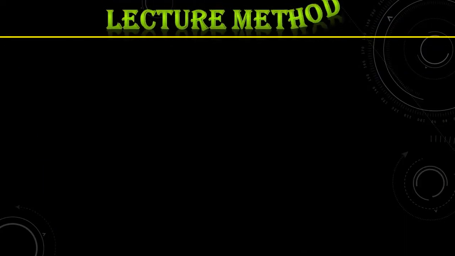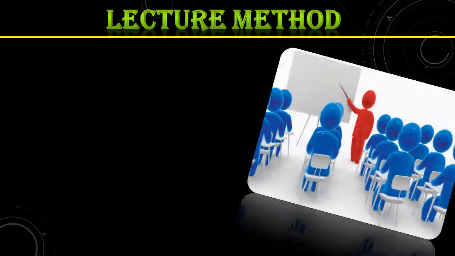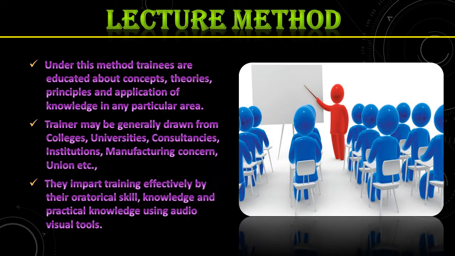Let us see the various methods for off-the-job training. First method is lecture method. Under this method, trainees are educated about concepts, theories, principles, and application of knowledge in any particular area.